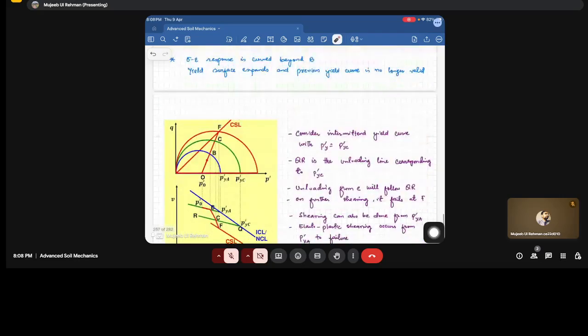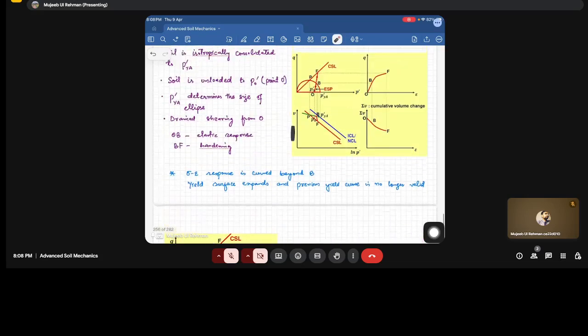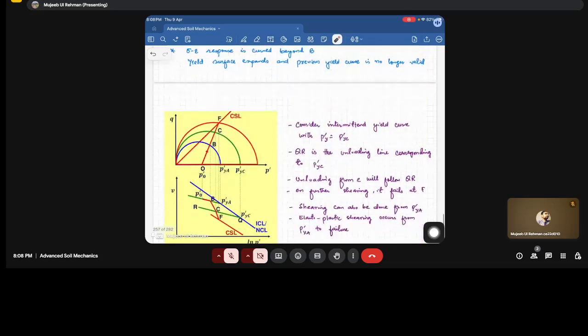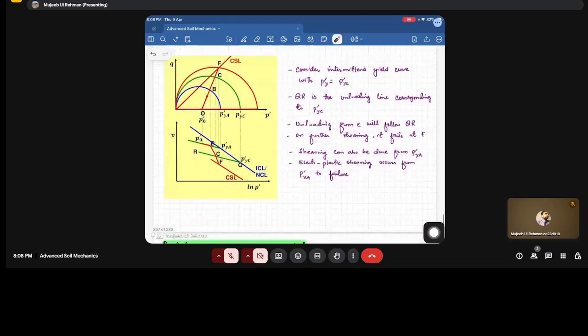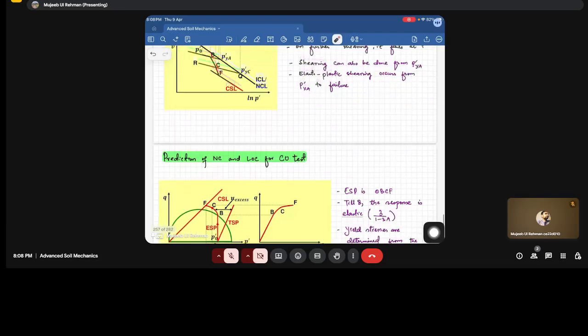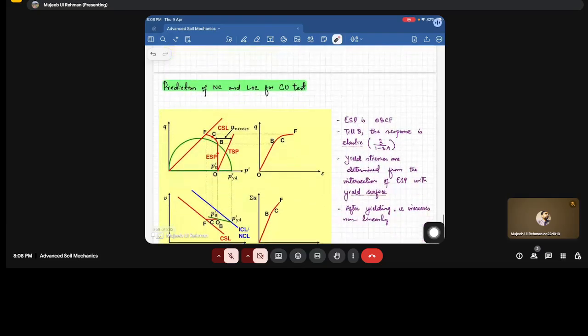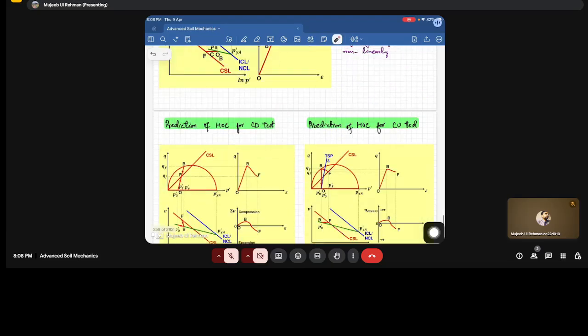Then, what is the need of this intermediate yield curve? It's for understanding how the failure state is reached. Then similarly for the CU test, how the prediction of failure can be determined using the modified Cam-clay model or the critical state framework.